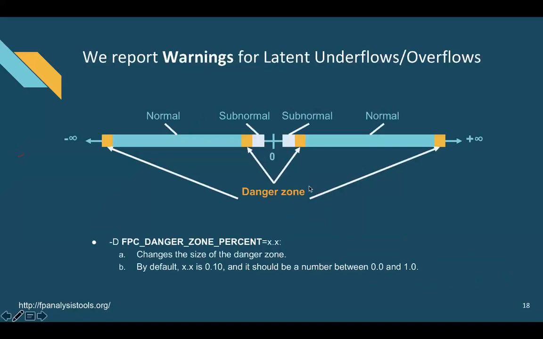We also check for what we call latent underflows or overflows. These are essentially numbers that are not yet infinity or subnormal numbers, but are in the limit, on the border of the normal numbers. So we check for that as well. You can see, for example, a computation that is getting really big or really small, and you need to pay attention to that.